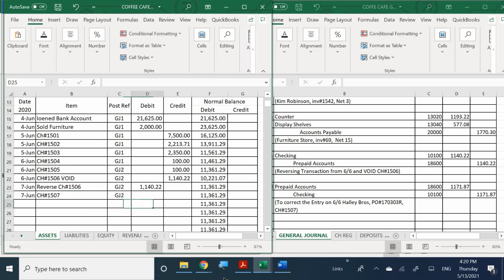General journal number 2, and this time we're writing it out for the 1171.87, which now drops my bank account down to 10,189.42 with the corrected amount.